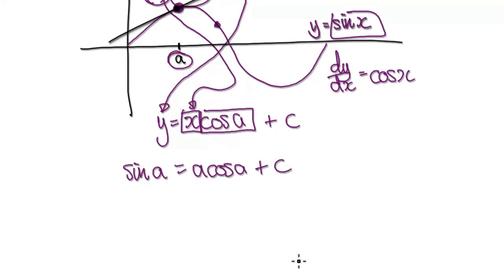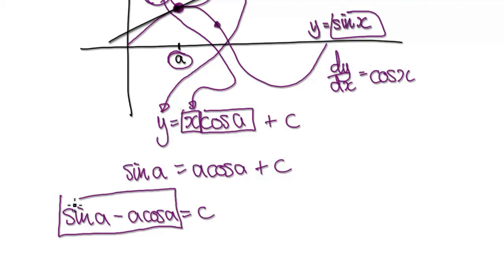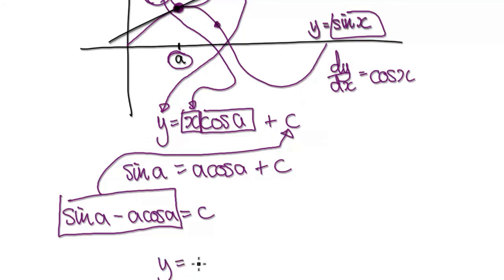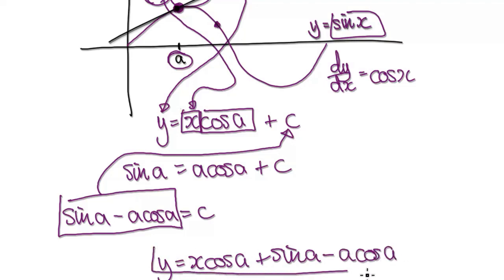Working out c gives us sine a minus a cos a equals our intercept. We can now put this back into this formula, and it will give us the equation of our tangent line. So the equation of our tangent line will be y equals x cos a plus the intercept. The intercept would be sine a minus a cos a. So this is the equation of a tangent line.